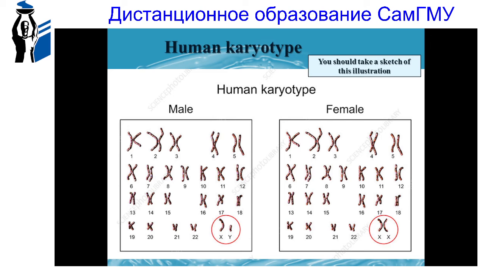Karyotype is a set of features, number, size, and shape of a complete set of chromosomes, inherent in the cells of a given biological species, a given organism, or any individual karyotype or line clone karyotype of cells. A graphic representation of the karyotype, that is, a set of chromosomes when they are arranged in groups depending on their shape and size, is called an ideogram or karyogram.